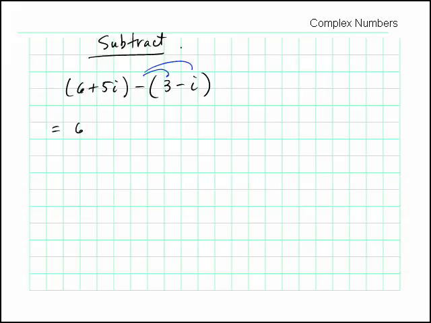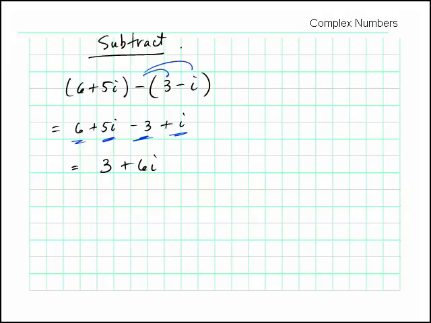So we've got 6 plus 5i minus 3, and then this one over here will become a plus i. Combining your like terms, we will have 6 minus 3, that's 3, and then we've got 5i plus an i, that gives me 6i, 3 plus 6i.